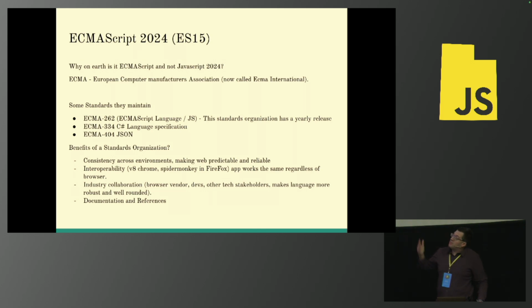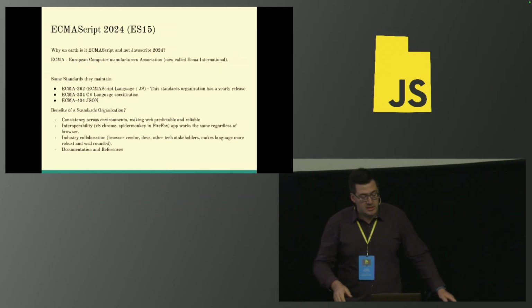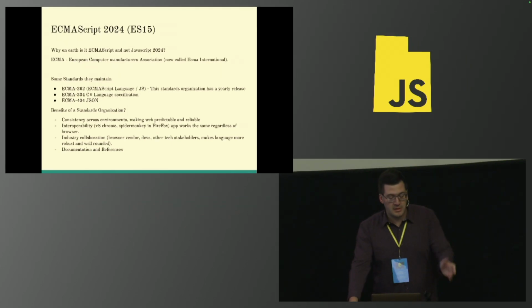They have ECMA 262. That's the one that you're probably familiar with, the JavaScript standard. It has a yearly release. That could change, but for the past 8+ years, it's been a yearly release, so I doubt that's going to change anytime soon. But they also maintain other standards, like C#, the JSON standard, etc.